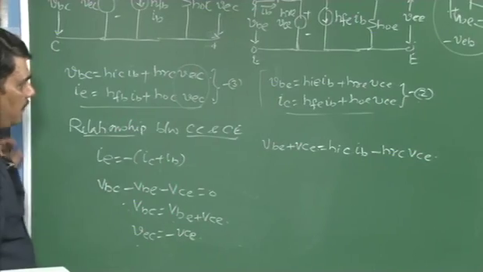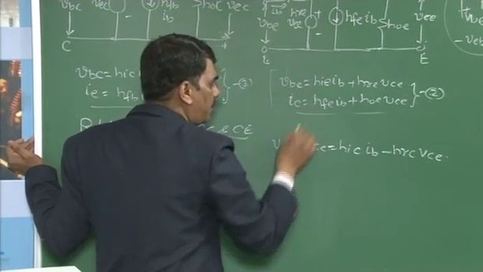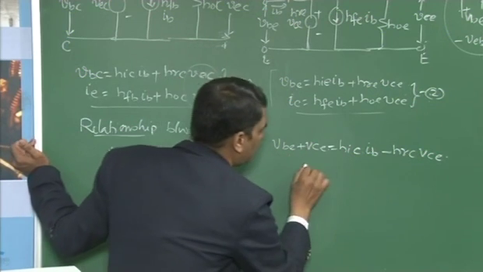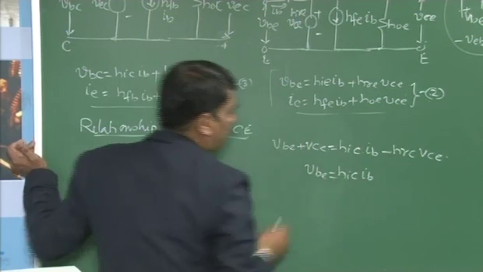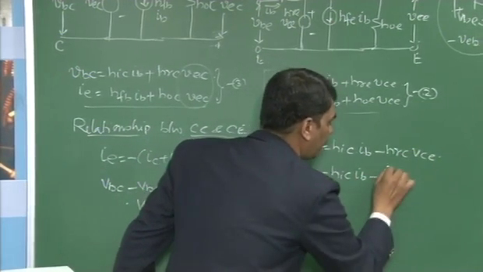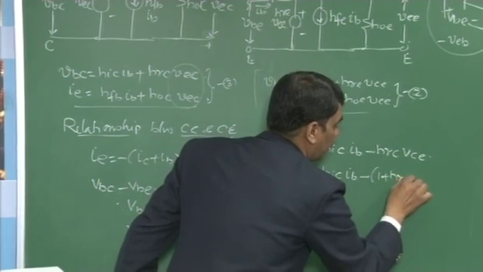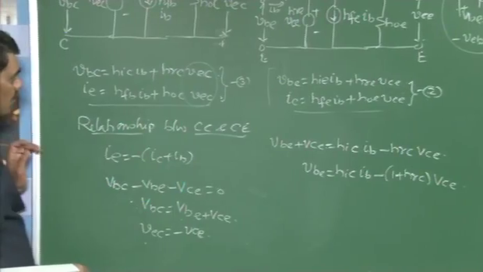Similarly, solving equation 2 for VBE, VBE is equal to HIC IB. If you transfer to this side, it becomes negative, so you take minus into 1 plus HRC into VCE. That is one thing.